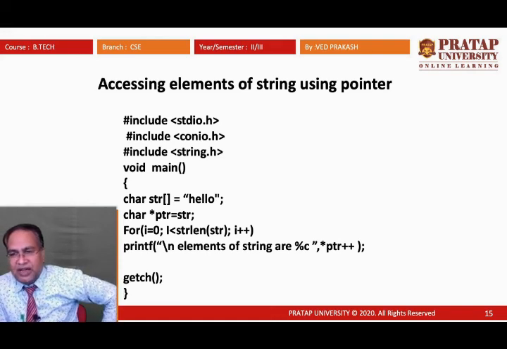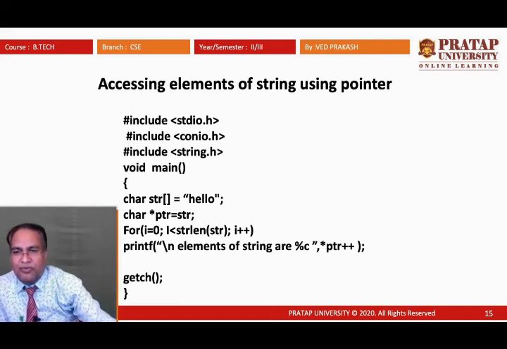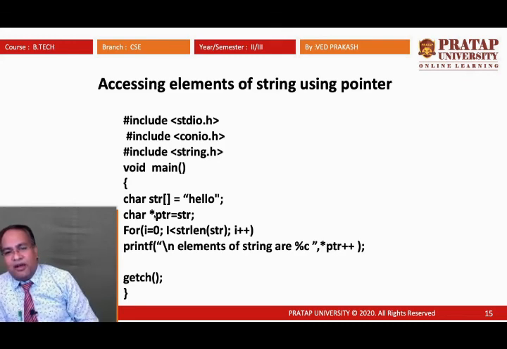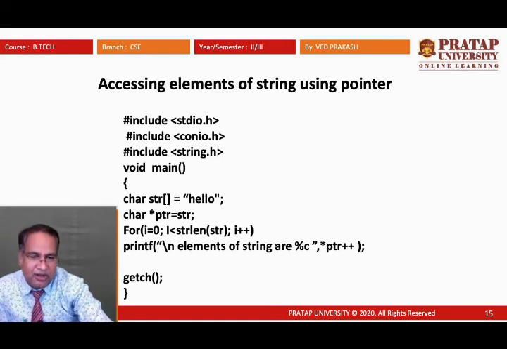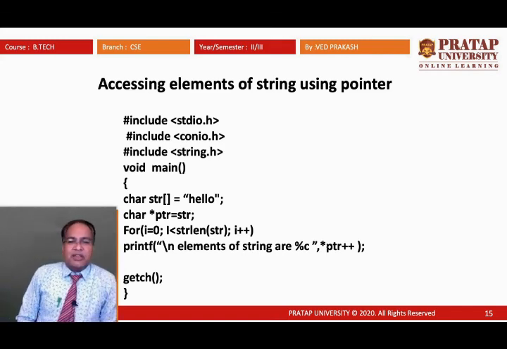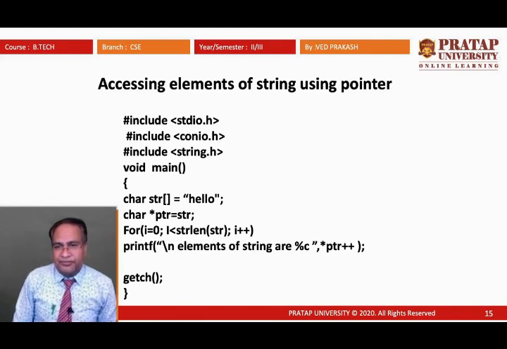Due to this reason I have to use the for loop. So I initialize i equals 1 to the length of the string, and I increment one by one, and here I put ptr plus plus. When we declare any pointer, and after declaring we use the asterisk operator before the pointer, then this pointer denotes the value of the pointed element.